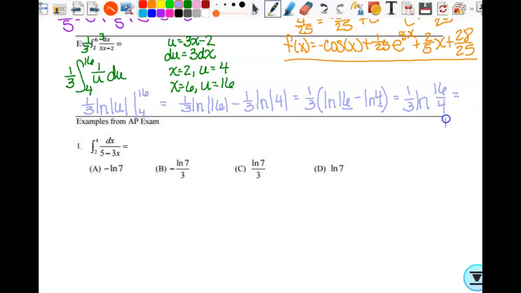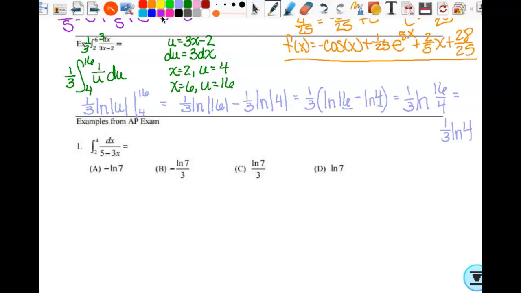So this is the same 1/3 natural log of 16 over 4. Okay, we're good with that? So all of these forms are all the same. This is a safe stop for you, but sometimes we have to recognize other things in our multiple choice. Okay, we good? All right, so let's see some examples directly from the AP exam then.